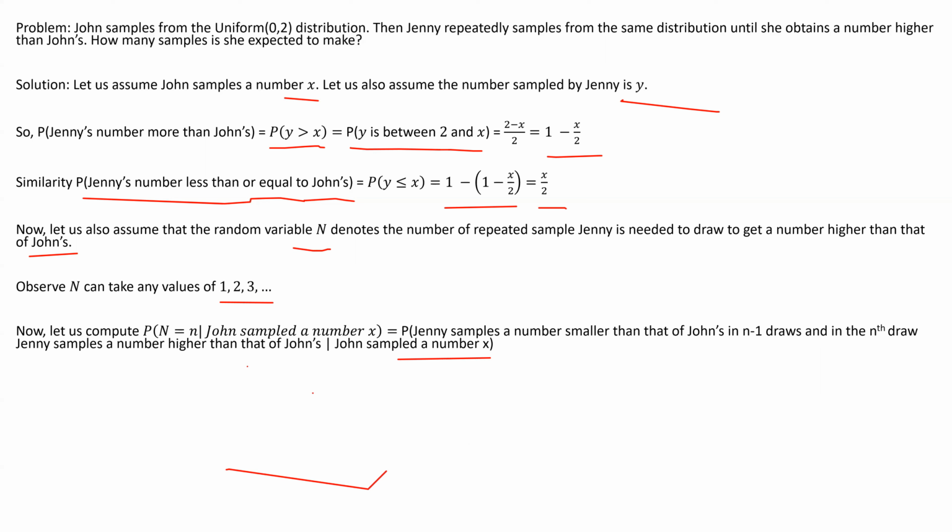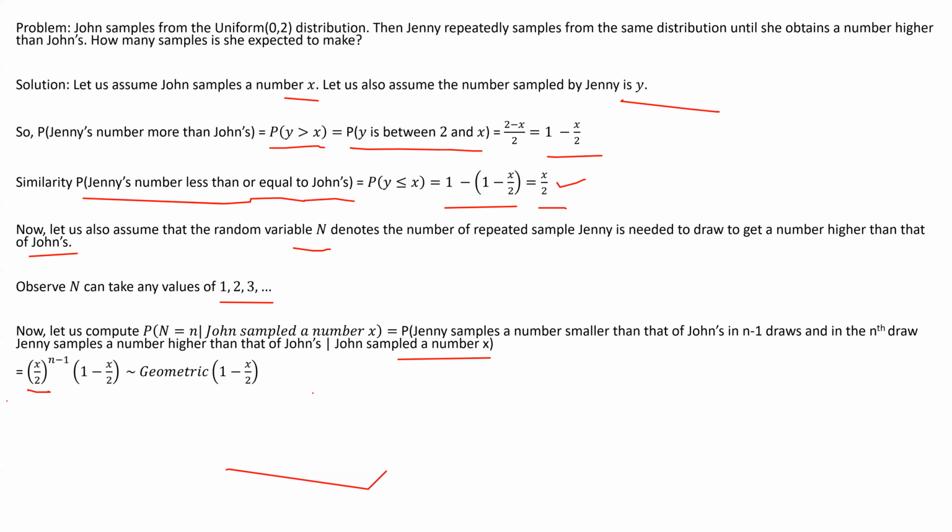Now, the probability that Jenny chooses a number smaller than or equal to x in each of the first n minus 1 trials is (x by 2) to the power n minus 1, because we have already calculated that the probability that Jenny's number is smaller than or equal to John's is x by 2.